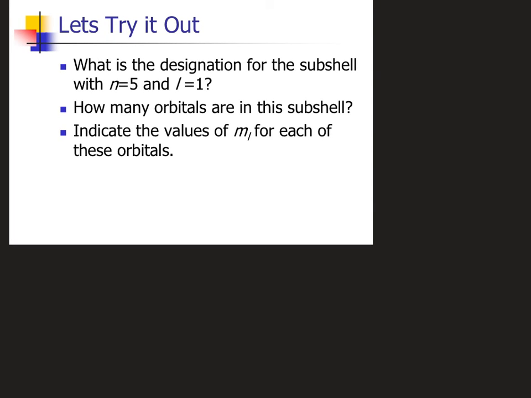Here, the n is 5. We're also indicating our L value is 1. Does it have the other ones? Yes, it would. But this question isn't asking us to write out all of them, is it? If it wanted that, it wouldn't have given us the L value.